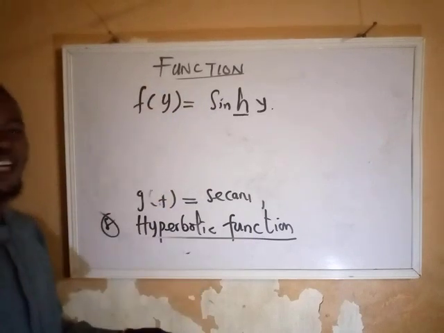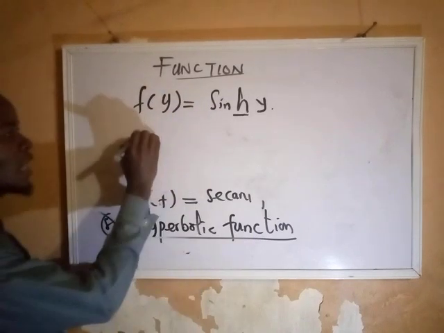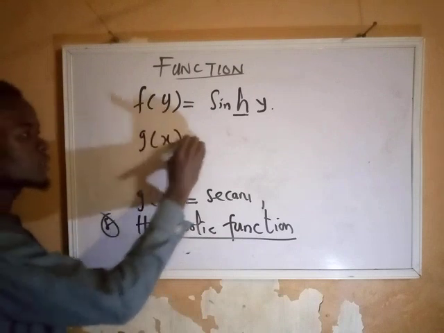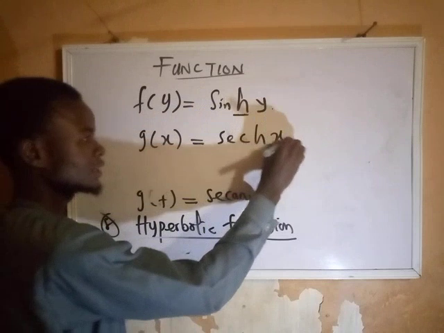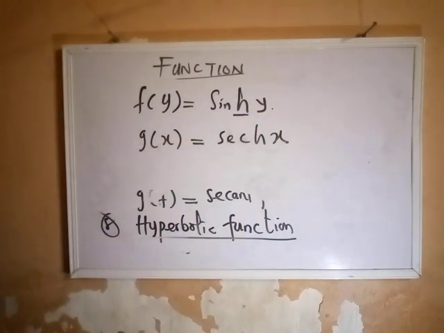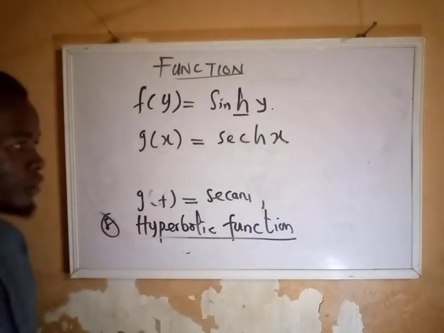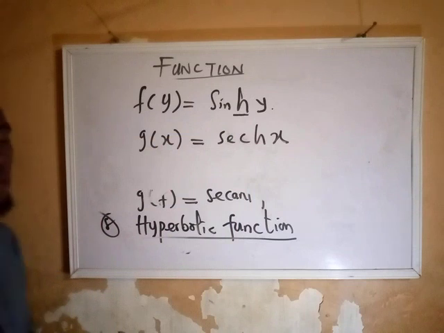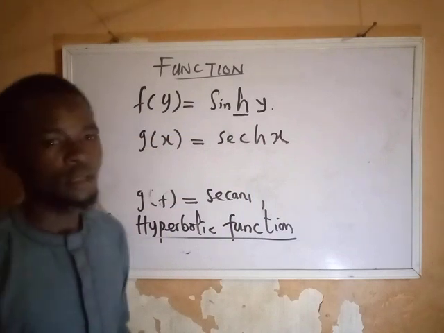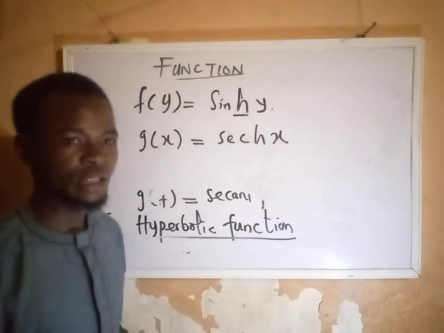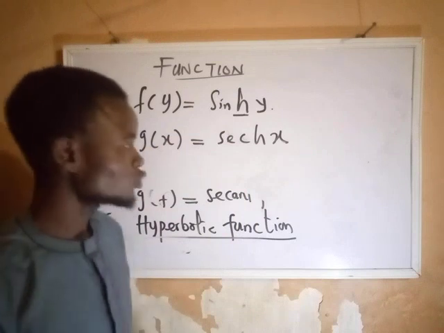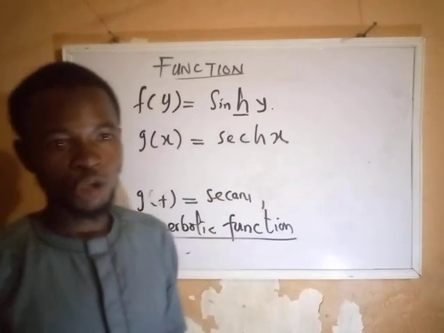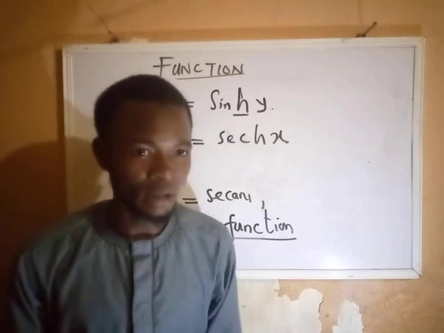It gives it more functionality. Let's say you have g of x equals sech x. All of these are the special types of function that we have. There might be more than this, but the basics that you need to know are the ones that I just showed you right now.